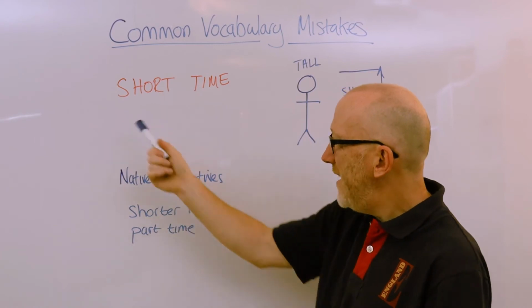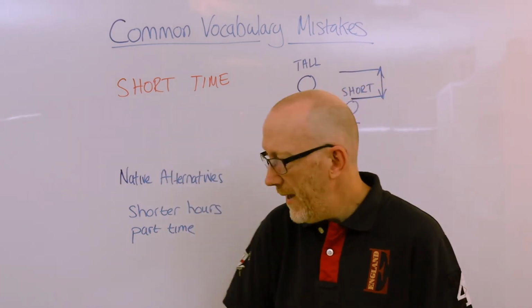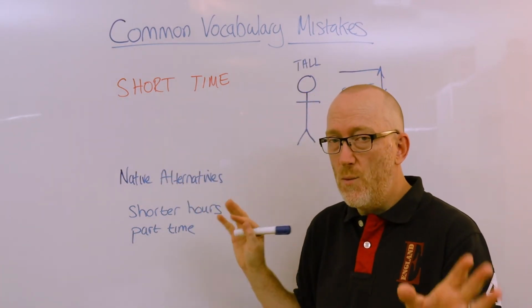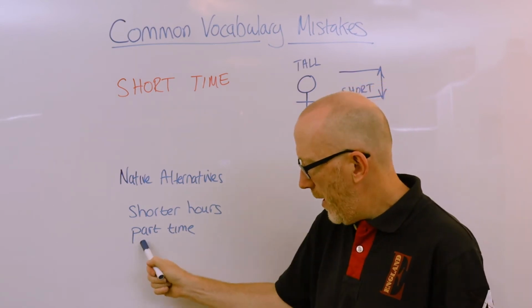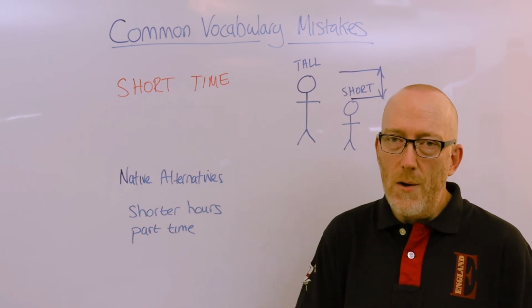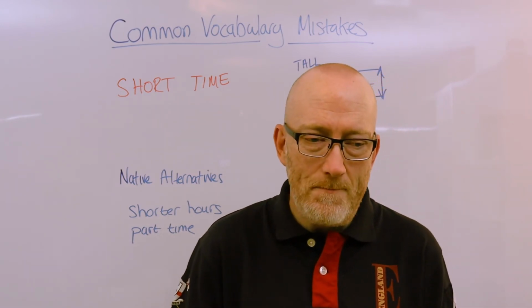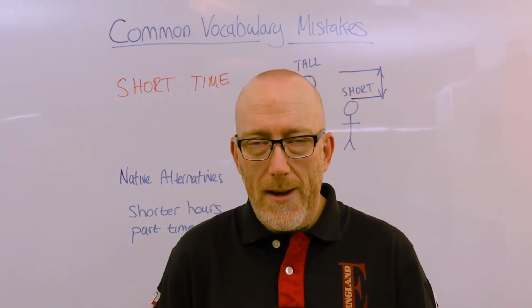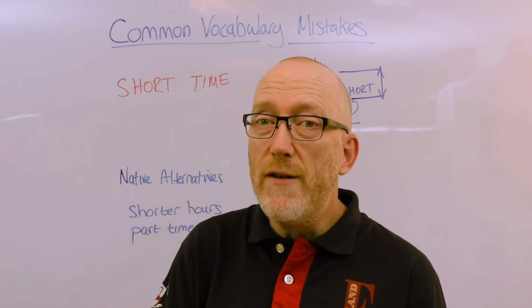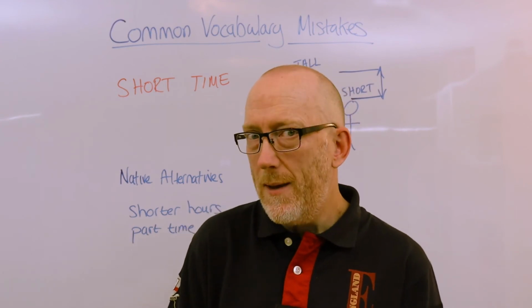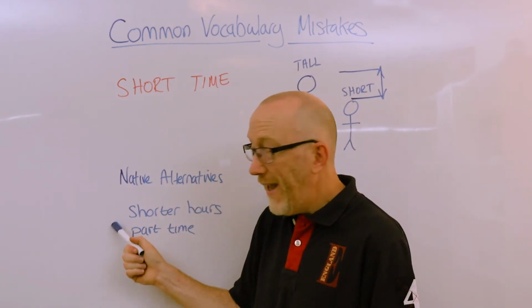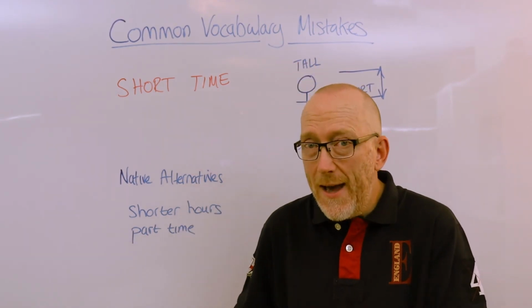Now, instead of saying short time, alternatives which are more natural, and the best one as far as I'm concerned would be part-time. So instead of saying, because of this COVID virus, I'm only working short time, you could say, I'm only working part-time, maybe 2 days a week. Or I'm working shorter hours every day.